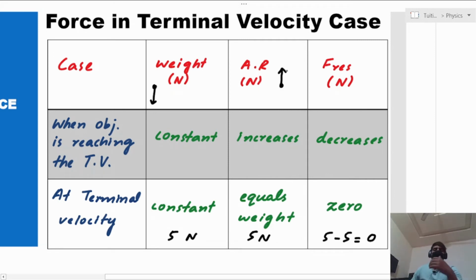And sometimes they ask you a question about acceleration as well. So whatever goes with the resultant force, the same happens with the acceleration. So when the object is reaching the terminal velocity, the acceleration decreases, and when the object is at terminal velocity, it is not accelerating. Acceleration would be 0 because resultant force is 0.